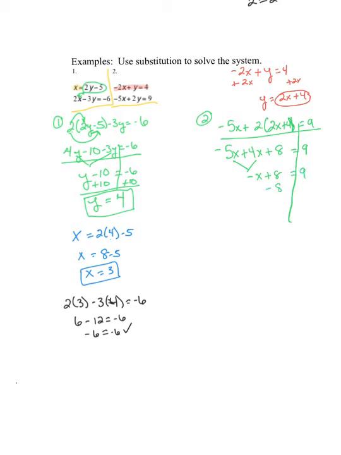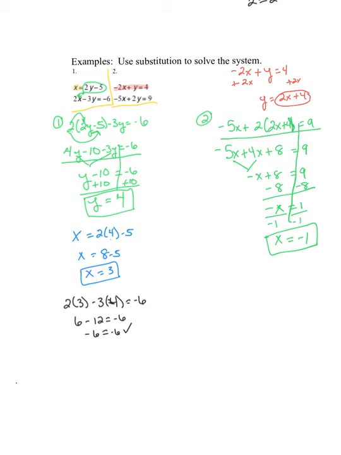Let's move our 8 to the other side of the equation. Negative x equals 1, but our variable has to be positive. So we have to divide both sides of the equation by negative 1. So x equals negative 1.